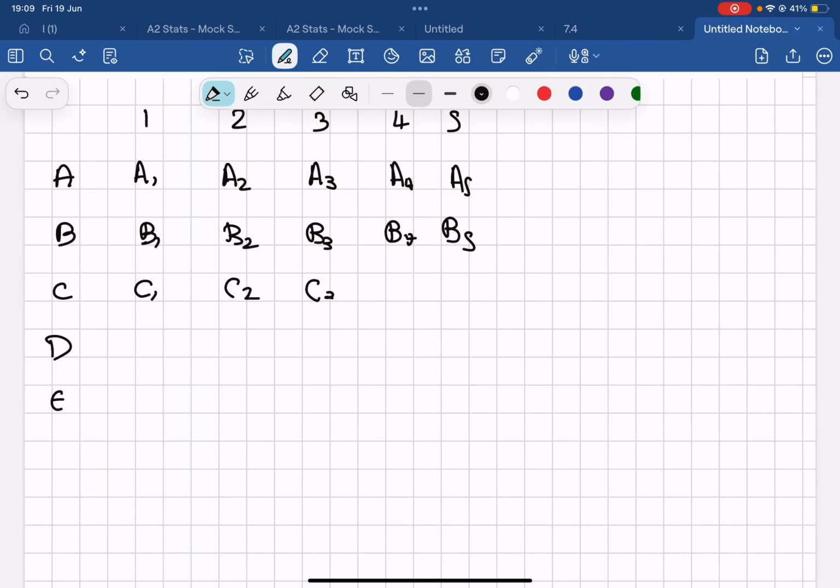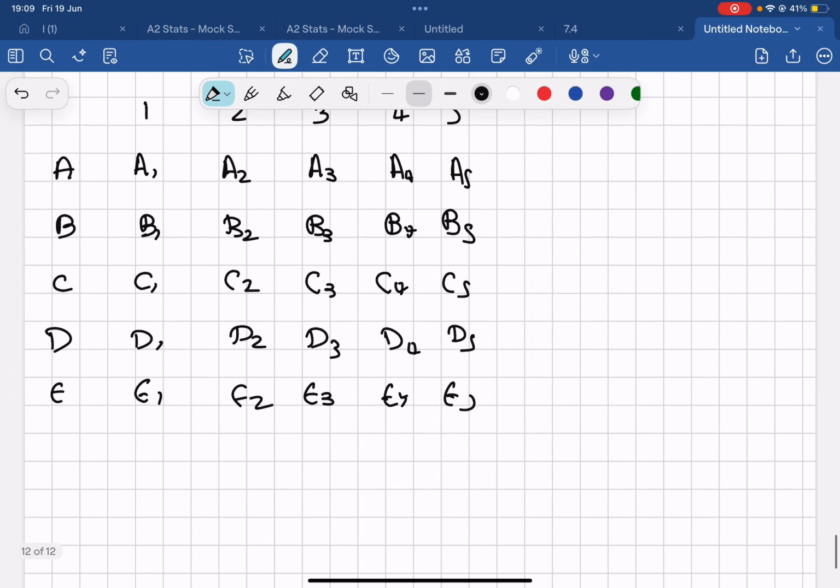C1, C2, C3, C4, C5, D1, E1, D2, E2, D3, E3, D4, E4, D5 and E5. Right, so how should we do this?